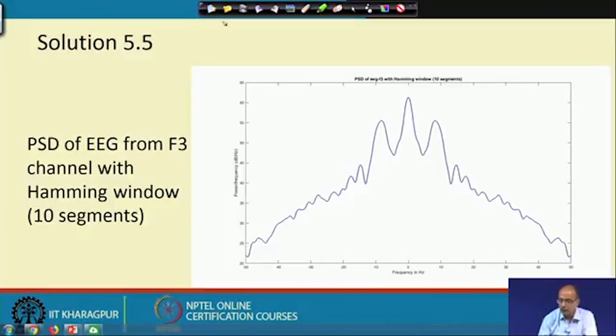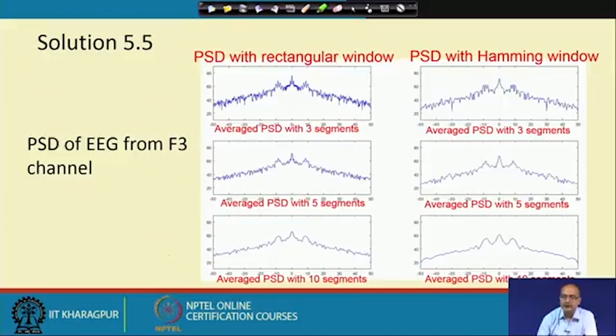Now, we go for the other channels. We go for the signal F4. Okay. Before that, before changing to another channel, we would like to see them side by side.